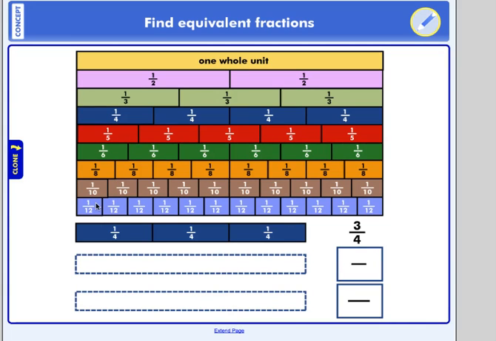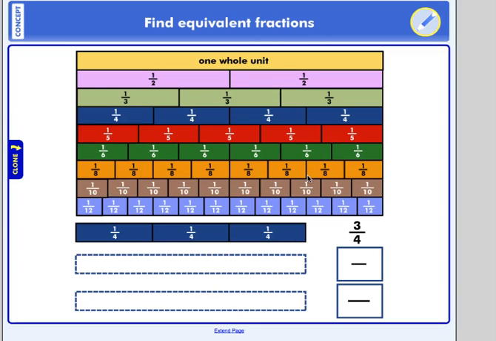Here's another one. Find equivalent fractions for 3/4. Here's our fourths line. 1, 2, 3. 3/4 lines up right here. What else lines up at that line? The eighths line up.